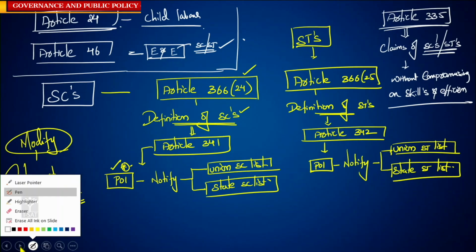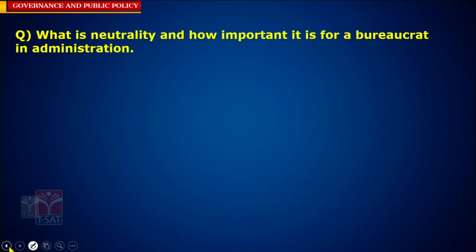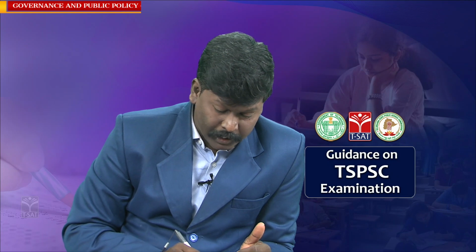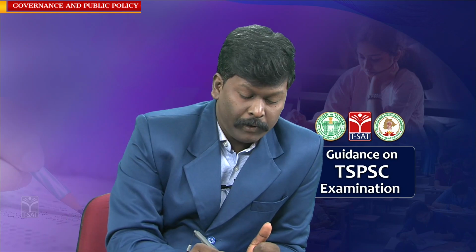What are the articles which are important? We have the Preamble, Article 14, Article 15 clause 1, Article 15 clause 2, Article 15 clause 4, Article 16 clause 2, Article 16 clause 4, and we have Article 17, Article 19.